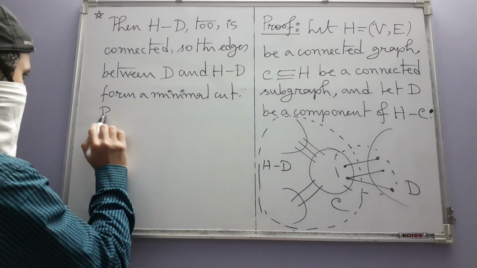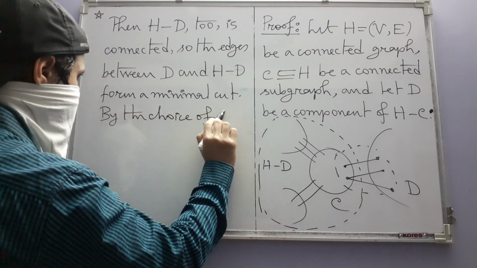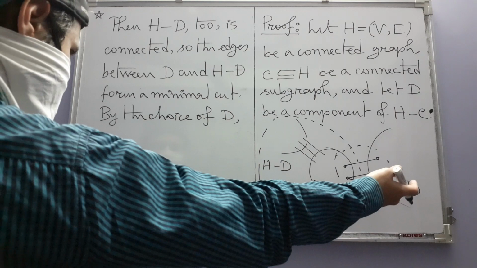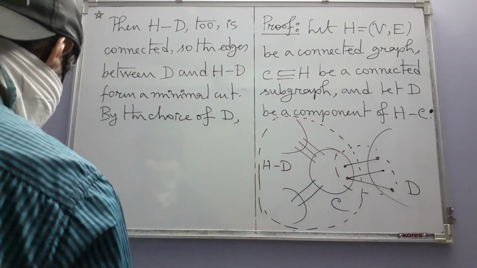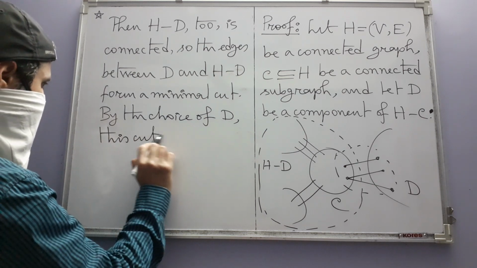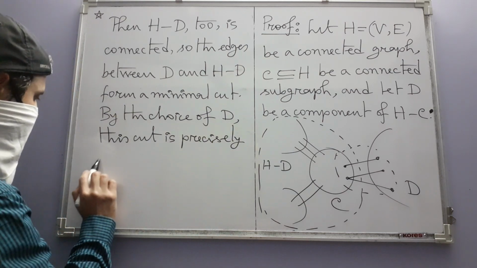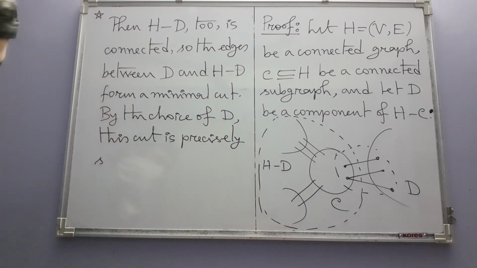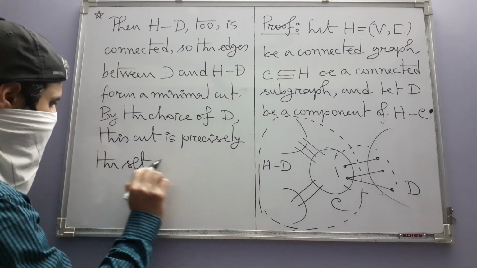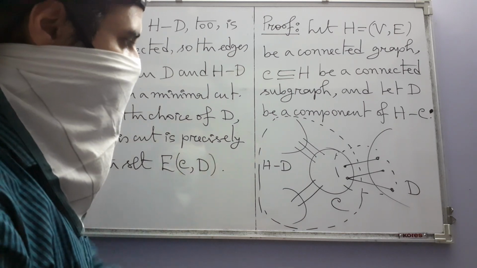And by the choice of D, because of how D has been chosen, it's a component of H minus C, this cut is precisely the set E(C, D). But why between C and D only?